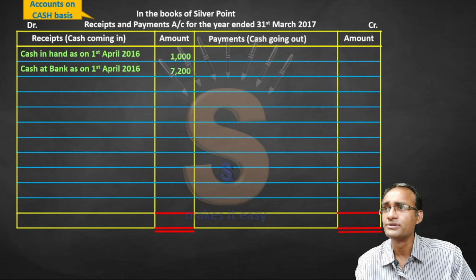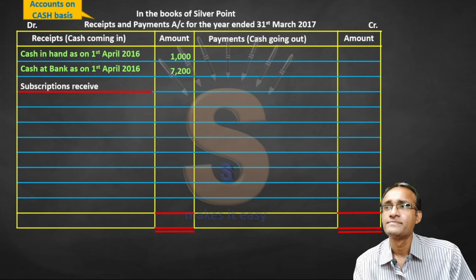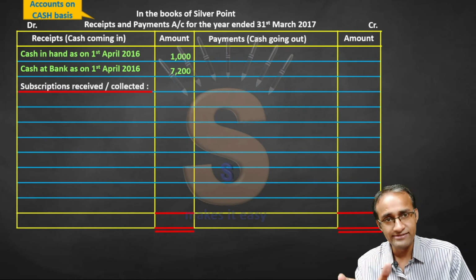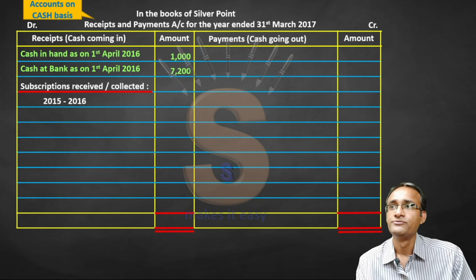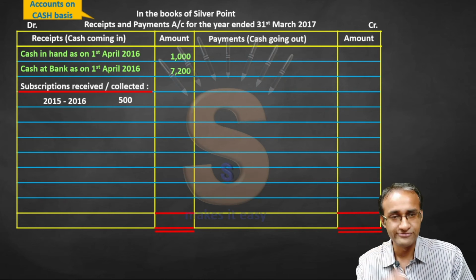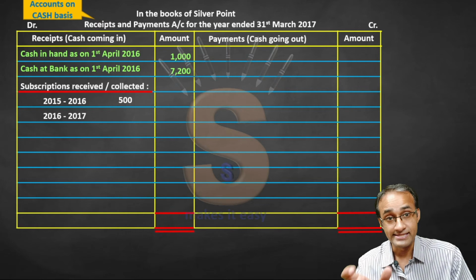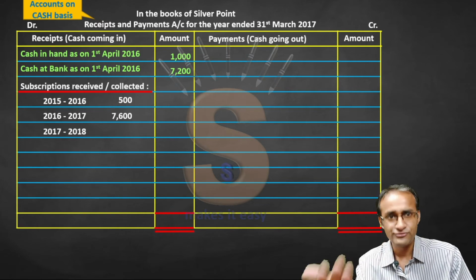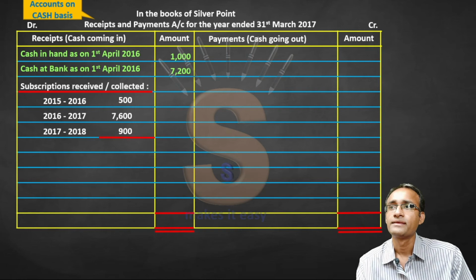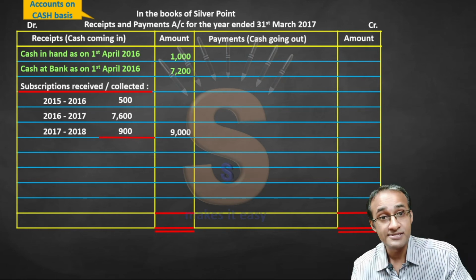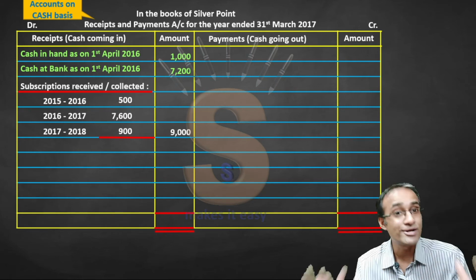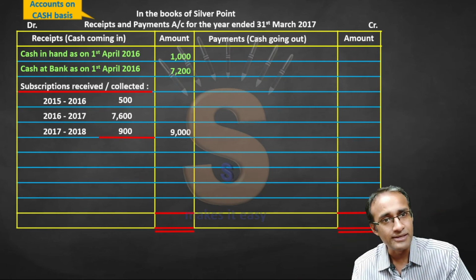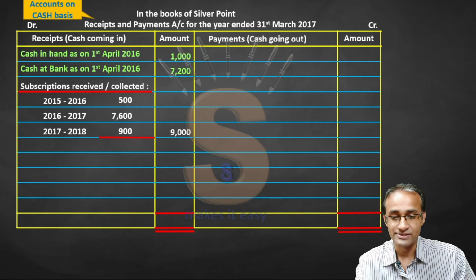So I'm writing on the receipt side. Received or collected. 15-16, 500. 16-17, 7,600 and for the next year 900. Some members pay in advance क्योंकि कभी कभी उन लोगों को थोड़ा डिस्काउंट मिल जाता है तो वो एडवांस में ही पे कर लेते हैं. 9,000.